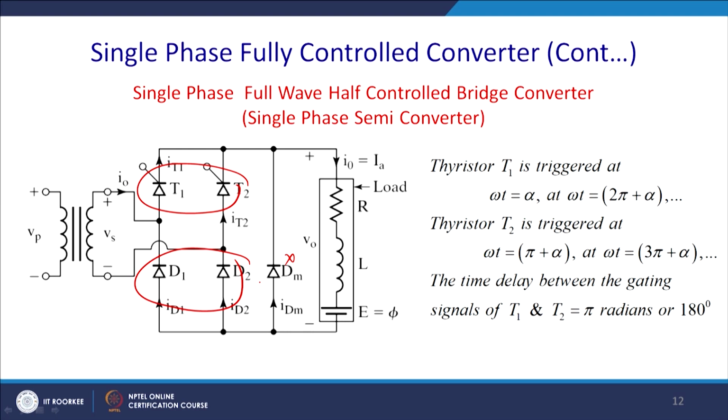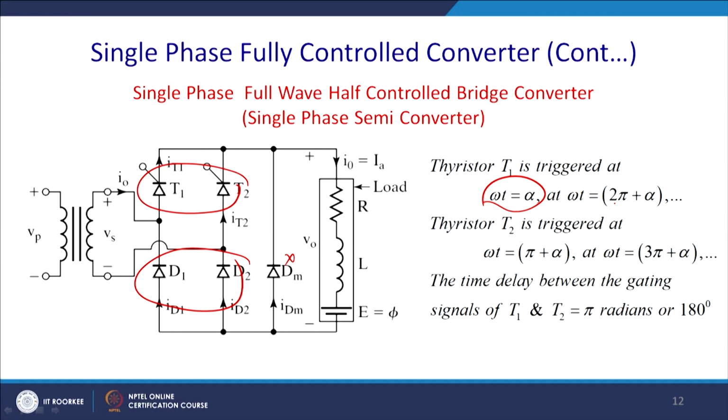Let us consider this configuration. This is a single phase semi controlled converter, rather than a fully controlled rectifier, and it is feeding an RLE load. So, at omega t equal to alpha, it has been triggered, and we assume that the load current is quite high and continuous.